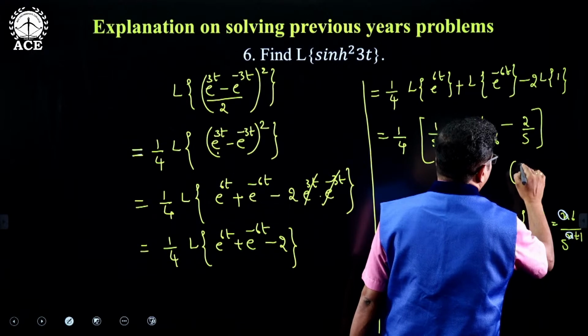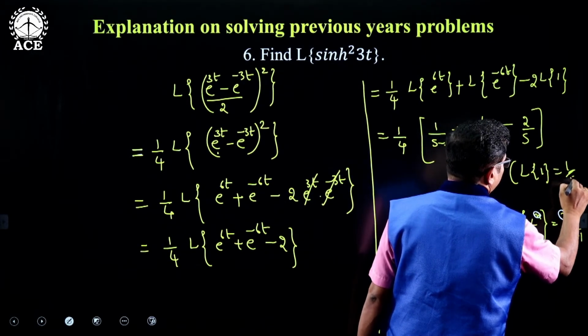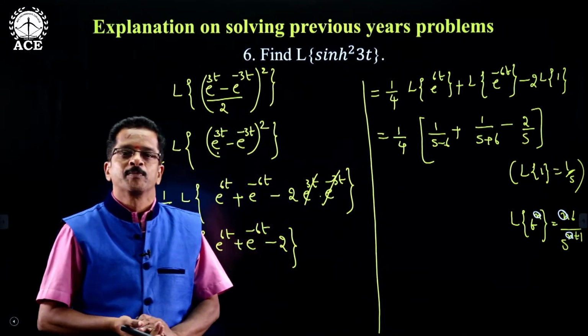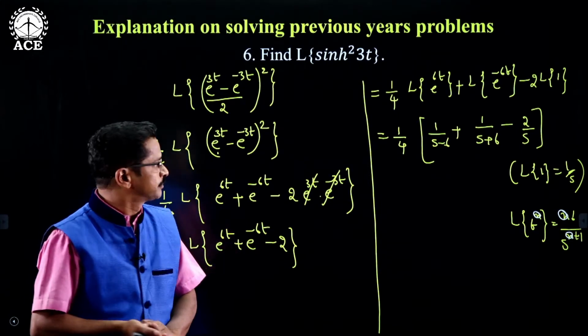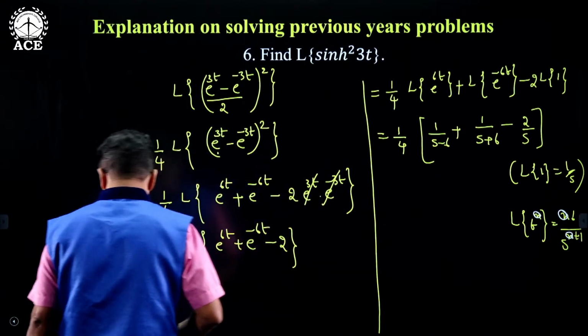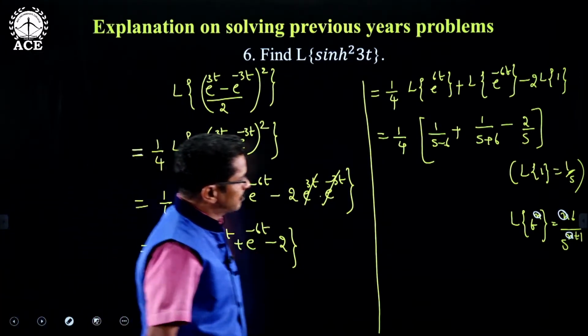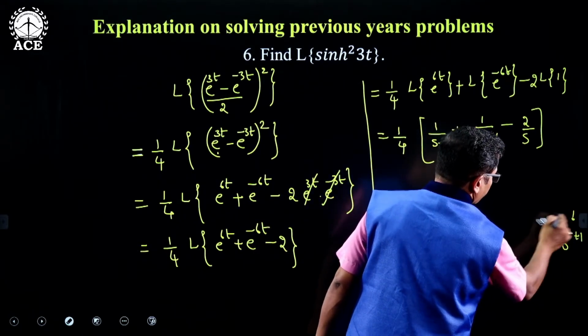So here you write down L of 1 equals 1 by s, which is derived from L of t power n equals n factorial by s power n plus 1. Now you try to simplify this.